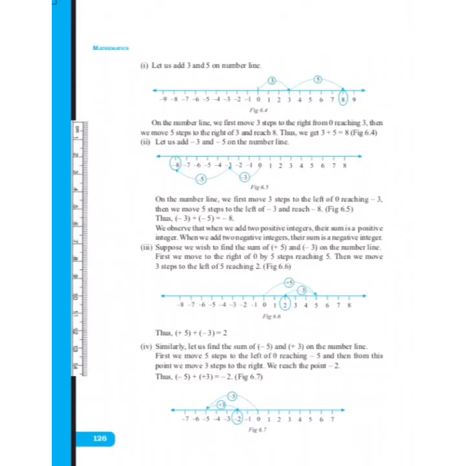We will move from minus 3 to minus 8. Yes. So minus 3 plus minus 5 is minus 8. When we move 5 steps from minus 3 to the left side, we reach minus 8, that is minus 3 plus minus 5 is minus 8.